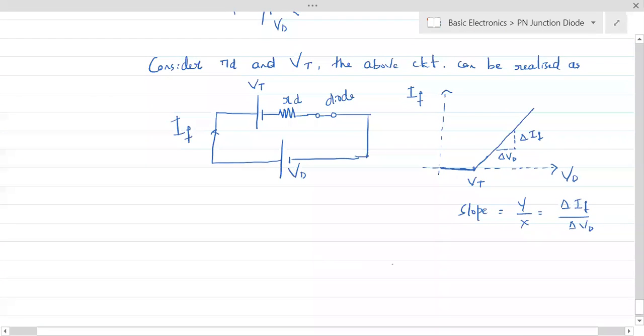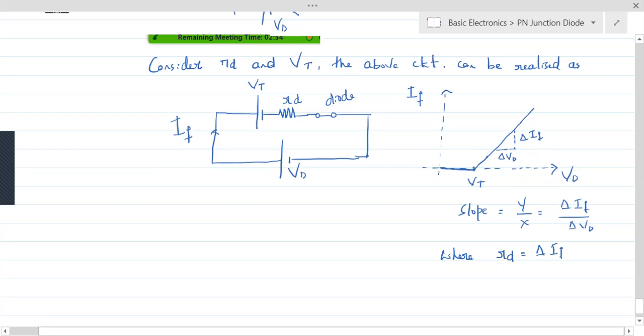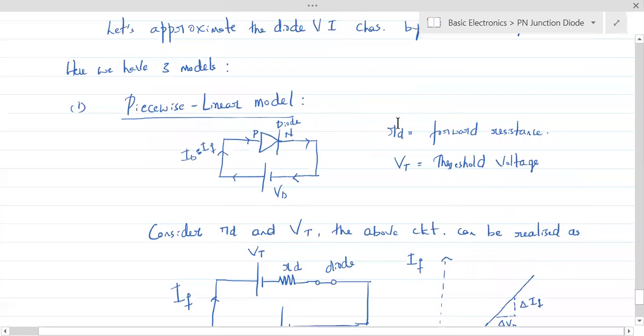Therefore, RD is delta VD by delta IF. Because of this RD, this line has got a slope, and because of the VT considered, the forward current is flowing only after this VD reaches VT. Understand that?